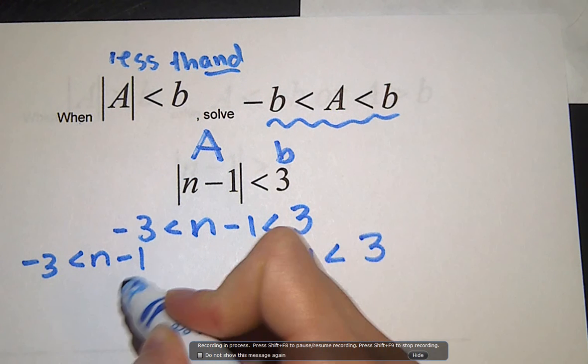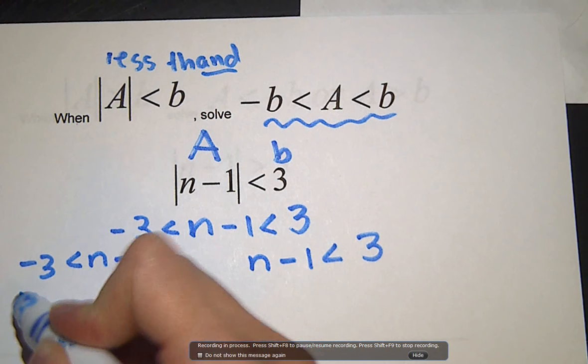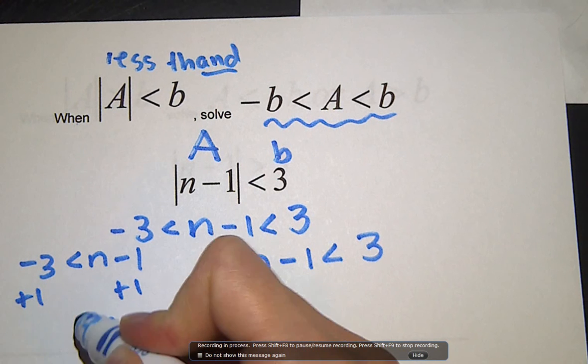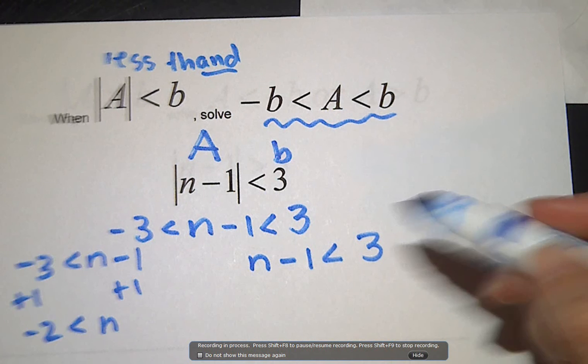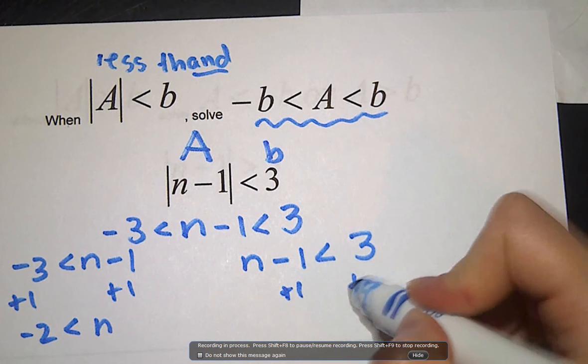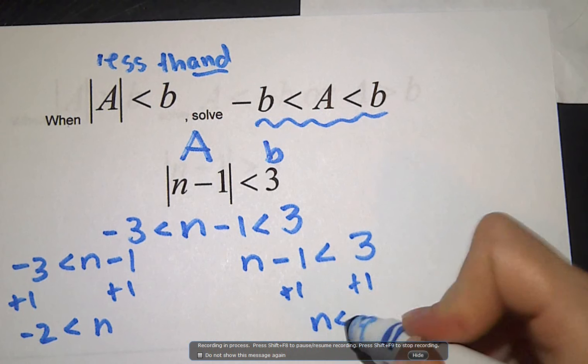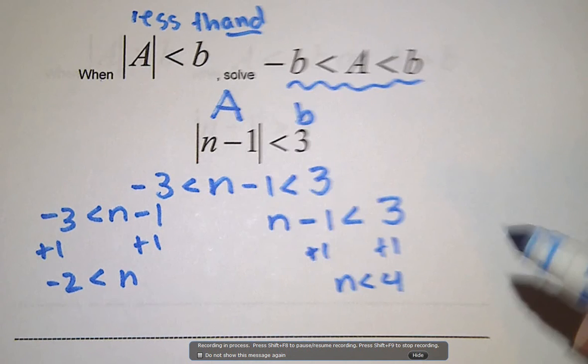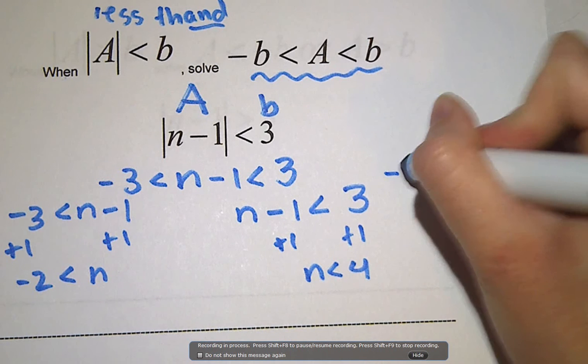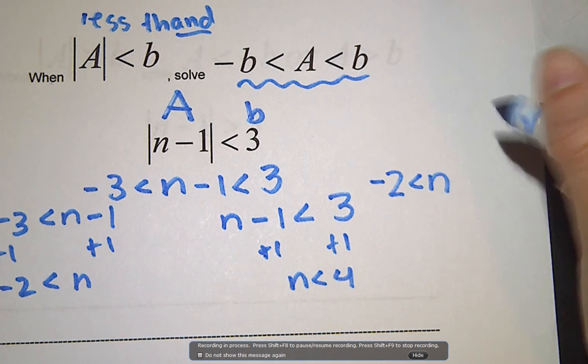So here I would add 1 to both sides, and I would get n is greater than negative 2. And over here, when I add 1 to both sides, I get n is less than 4. So now I can squish that together, and I would say my solution is negative 2 is less than n, which is less than 4.